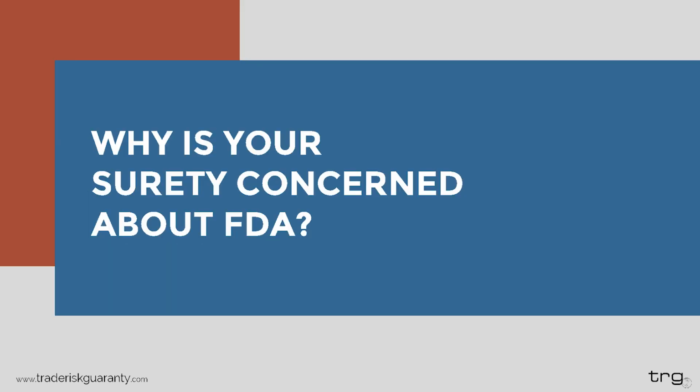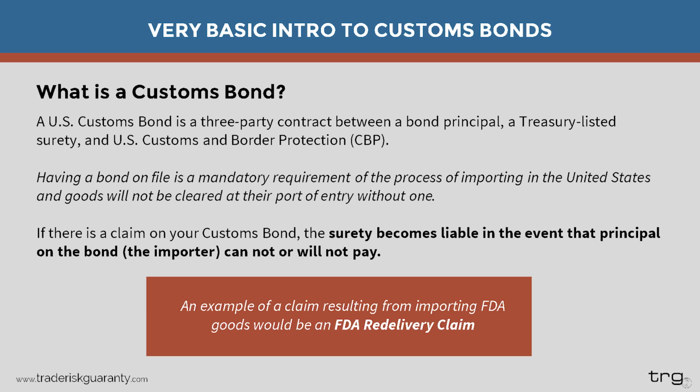Now this leads us to the topic of why your surety is concerned about FDA. Well, before we can jump straight to that, we have to quickly clarify what a customs bond is. A U.S. customs bond is a three-party contract between a bond principal, a Treasury-listed surety, and U.S. Customs and Border Protection, also known as CBP.